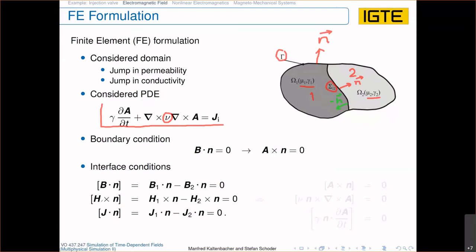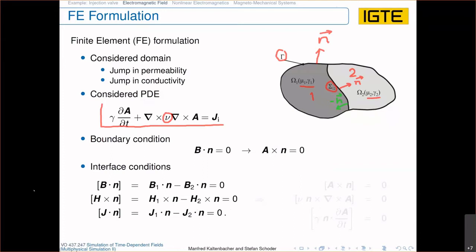Then we have the tangential component. In order to get the tangential component on a surface, you take the cross product with the normal vector, which should be continuous. And don't forget the divergence of our current density has to be 0. And that also means that the normal component of any current densities you have there should be 0.